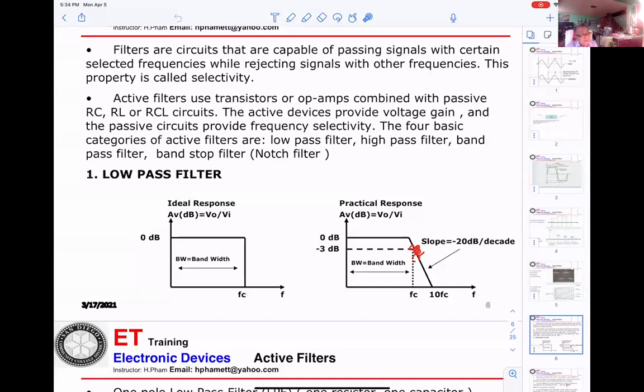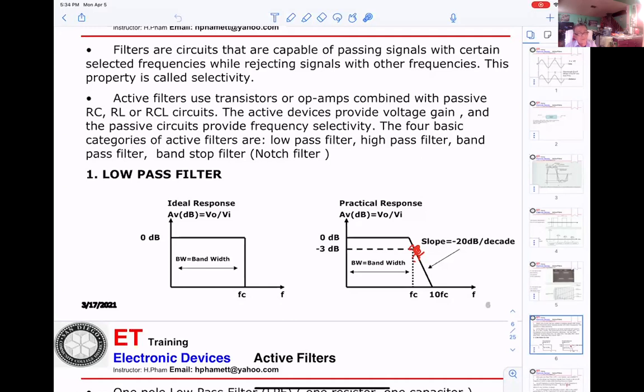Active filters use a transistor or op-amp, mostly the op-amp, combined with passive RC, RL, RLC components. Try to understand that they use the active component for the gain.